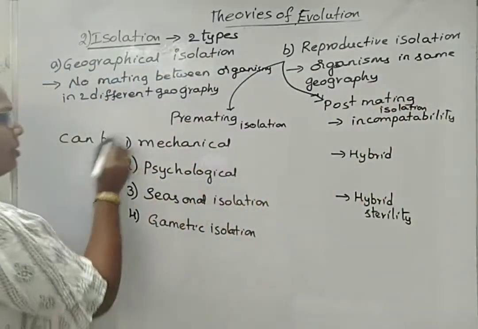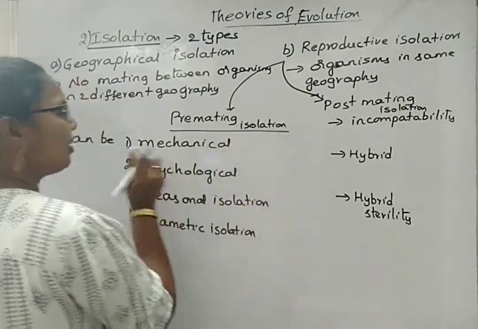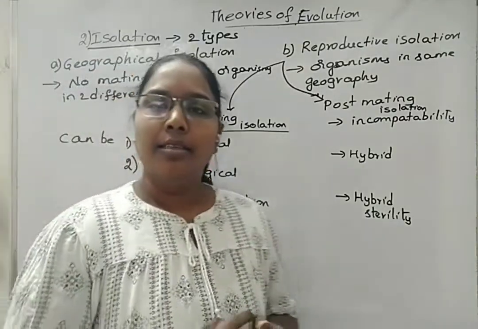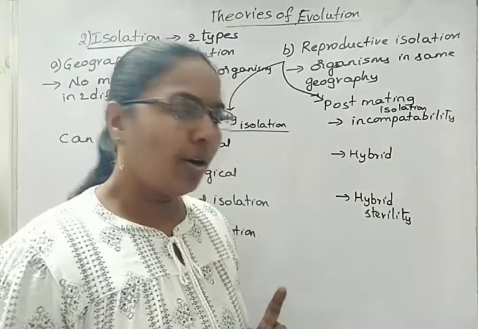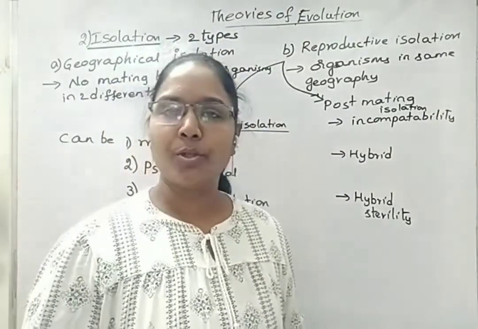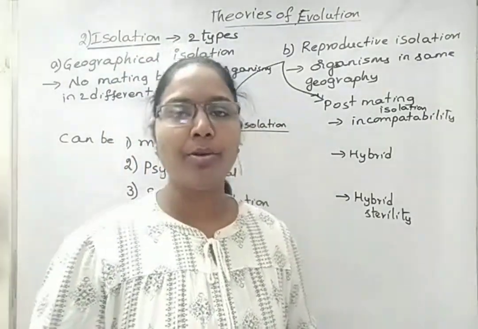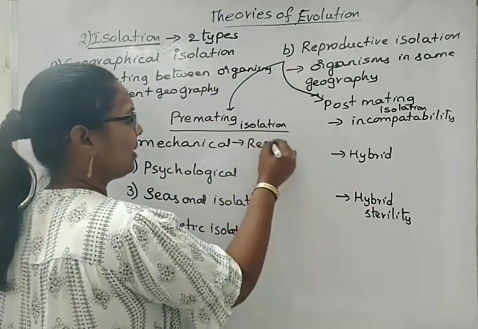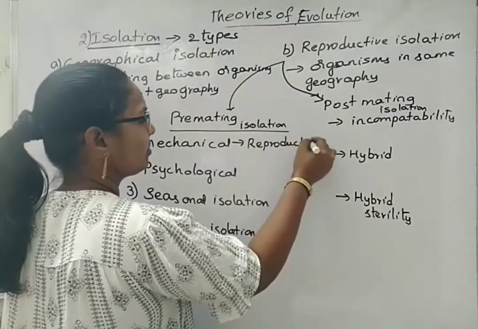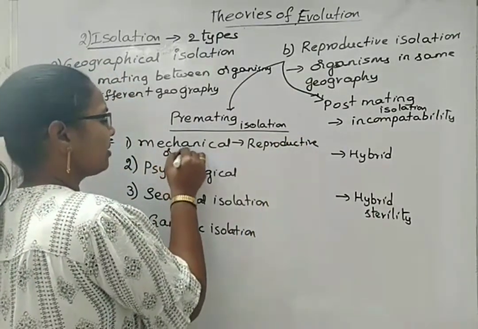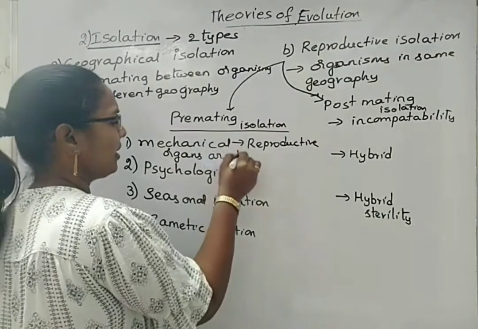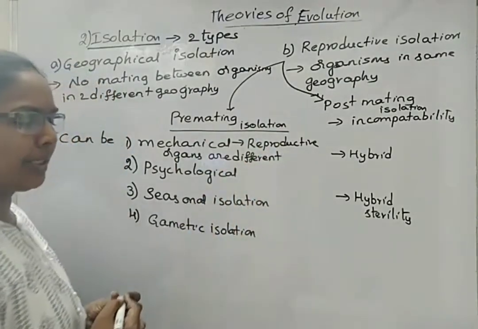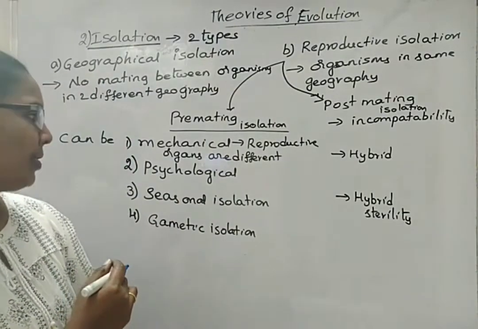Okay. So the pre-mating isolation, or the changes, can be due to mechanical reasons. It means that reproductive organs are different, so organisms are unable to mate with each other, and no mating happens between some types of organisms.